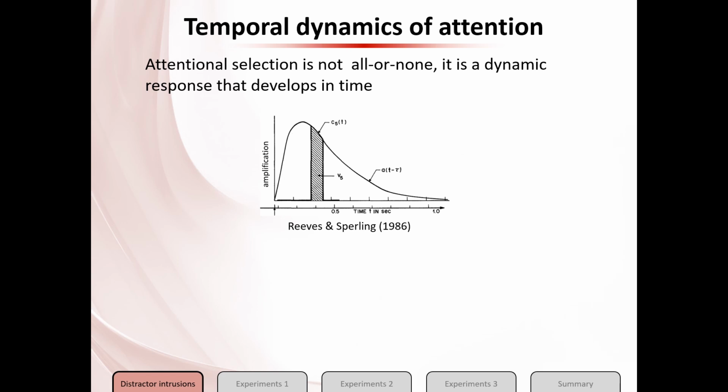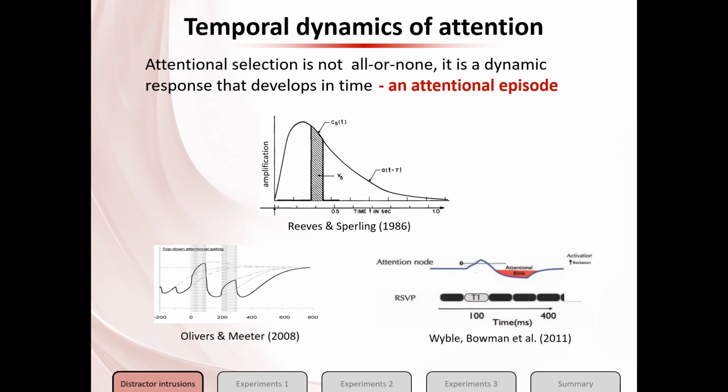The period of time between the onset and the offset of attention can be referred to as an attentional episode. Surprisingly, only a few models adopted this perspective. But for us, this is crucial, as it explains why the distractor is encoded even though it appears after the target. It's simply shared in the same attentional episode as the target.